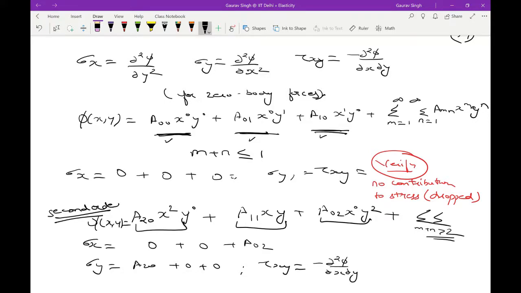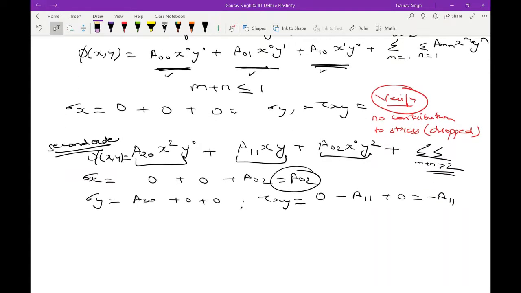So this first term would give you a 0 because there is no y there. The second term will give you minus of a11, plus this would give you again a 0 because there is no x. So in all these three situations, the second order terms will give a constant stress field.